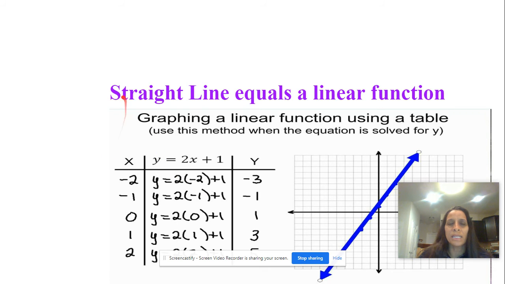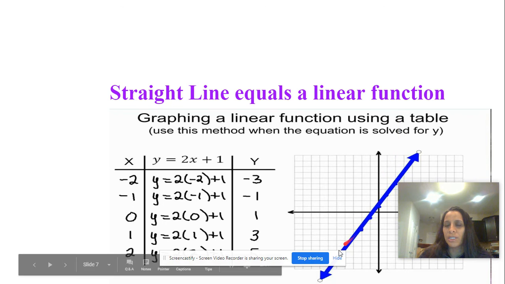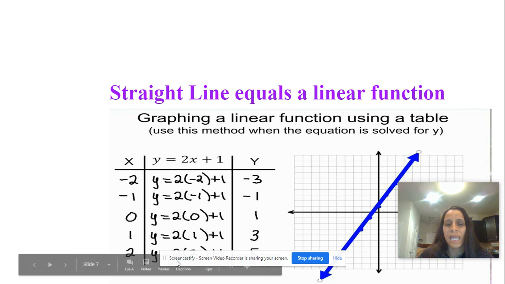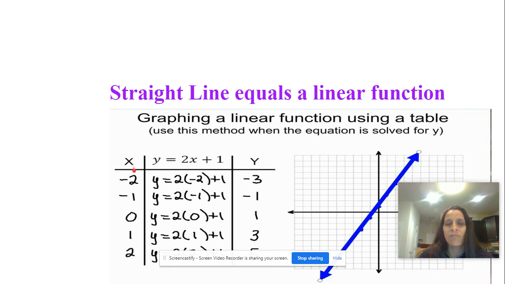Okay, remember that a straight line equals a linear function. So look at this line right here, not necessarily vertical or horizontal, but any straight line is called a linear function, hence the term line in it. Okay, this table down here is called a function table. So look at what they did.